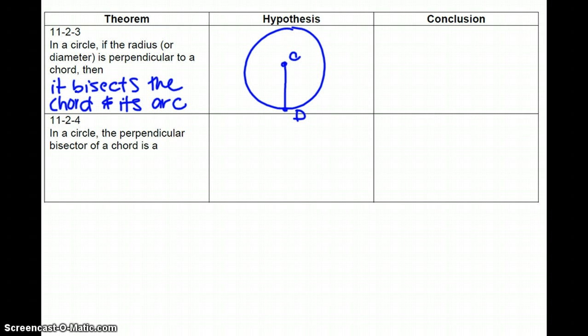If it happens to be perpendicular to a chord, let's throw in chord EF. The chord connects two endpoints on a circle. If this radius is perpendicular to that chord, so that's your hypothesis, the fact that CD is perpendicular to EF, then my conclusion will be that CD must bisect EF and arc EF, both the chord and the arc.